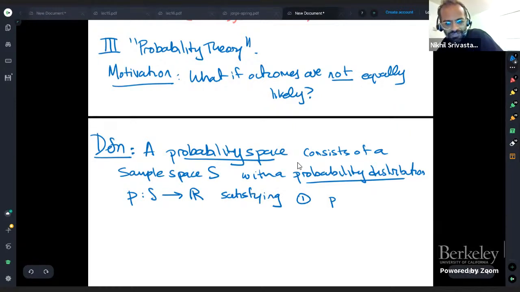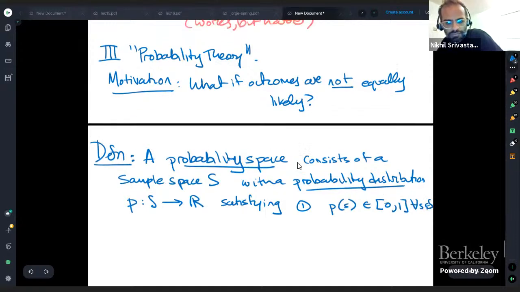One is that the probability of any point in the sample space is between 0 and 1. And the second is the sum of the probabilities over all points in the sample space is 1.